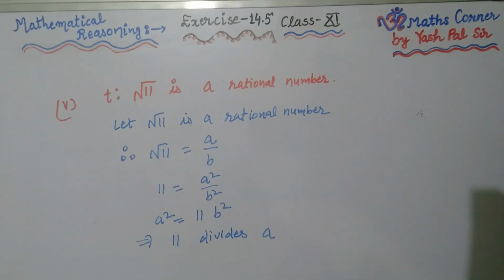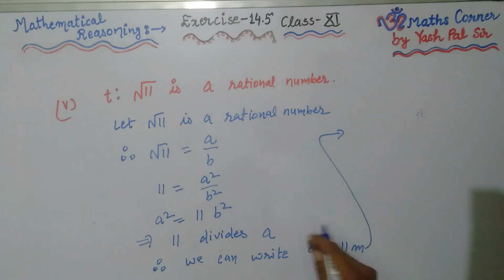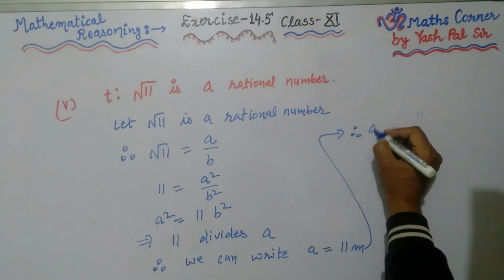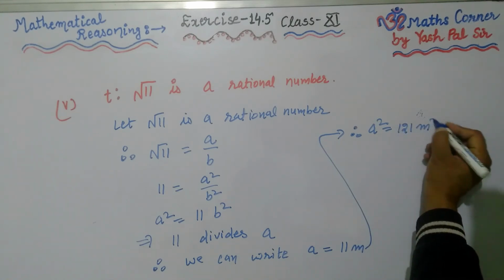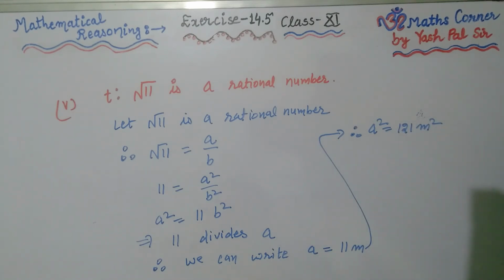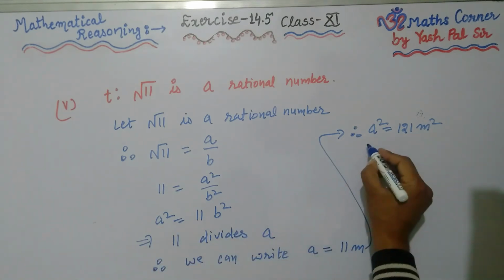So we can write a is equal to 11 into some integer m. Again we take the square, therefore a square is equal to 11 square, which is 121, into m square.